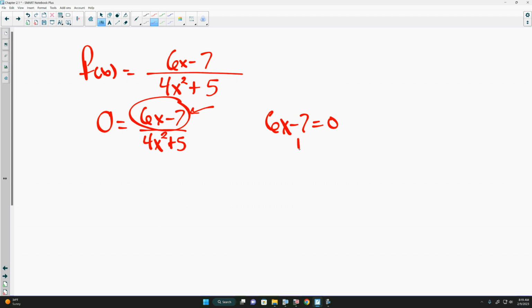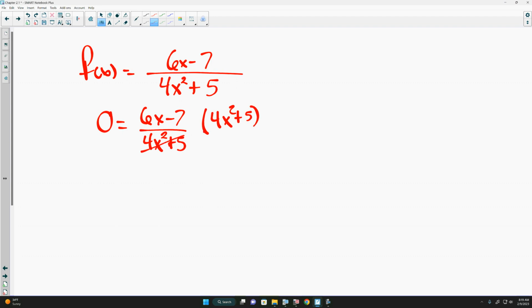We could add 7. Divide by 6, telling us x is 7/6. Because the other way to go about doing this, to solve, is multiplying both sides by 4x squared plus 5.